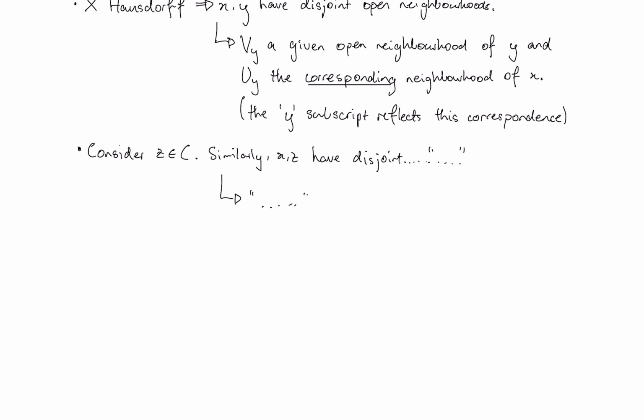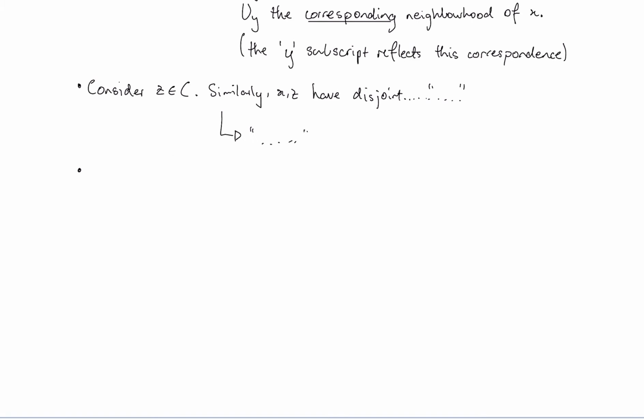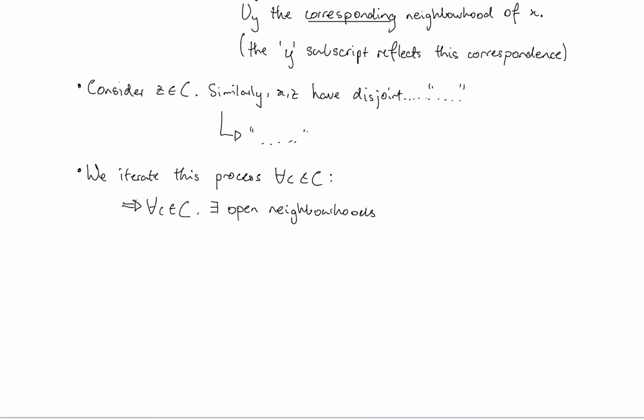Okay, and I'll write that we will iterate this process for all points in the subset C. So for all points in the subset, there exist open neighborhoods, let's call it Vc, the open neighborhood around the point c.